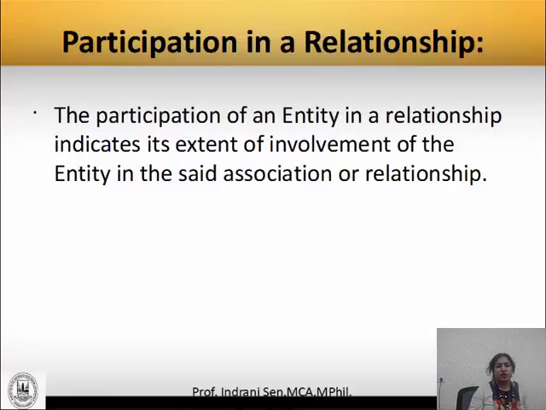What is participation in a relationship? The participation of an entity in a relationship indicates the extent of involvement of the entity in the said association. In a relationship, there has to be at least one or more entities connected. Now we need to know whether their association is mandatory or optional.